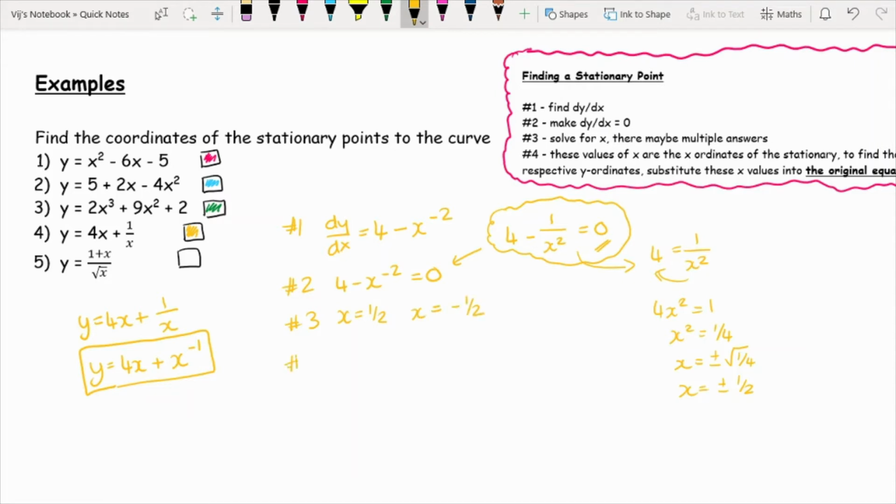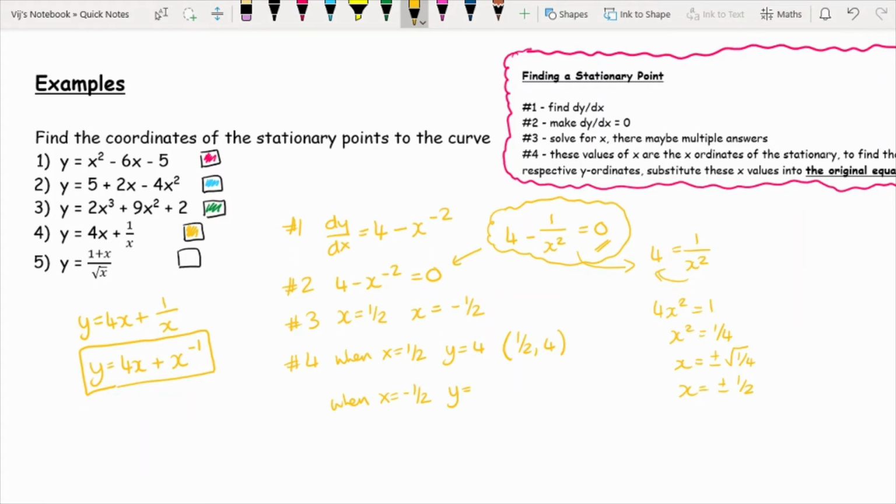So then for step 4, when x equals a half, then y is going to equal 4. So I've got my first coordinate of (a half, 4), and when x equals minus a half, y is going to equal, and again just making sure, I'm not going to be a hero in this one, I'm going to type it into my calculator.